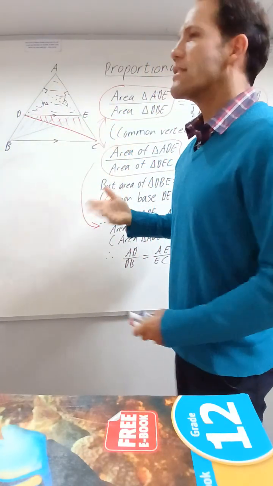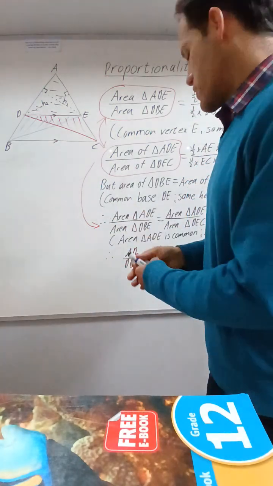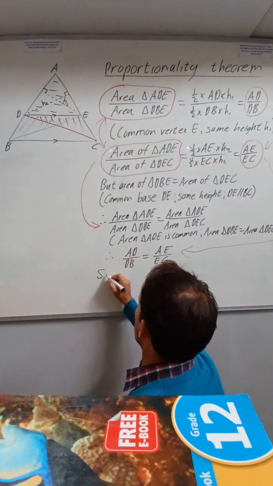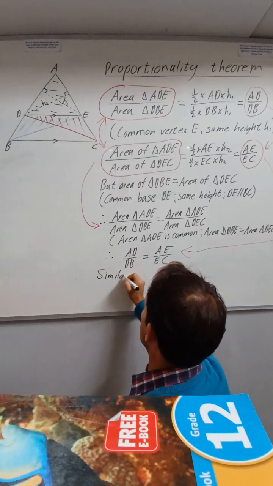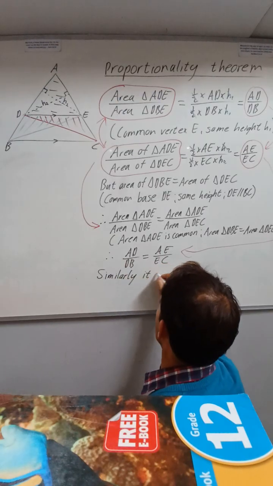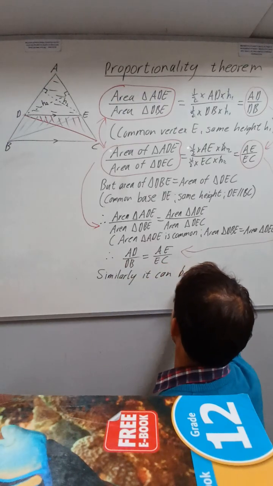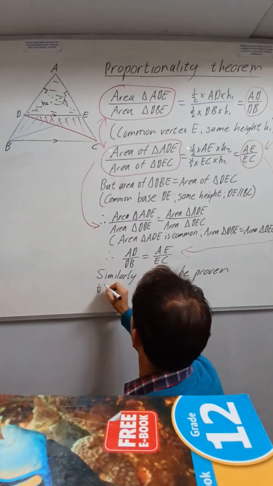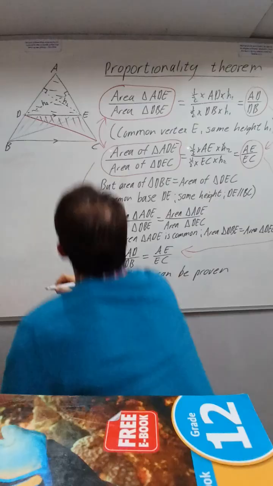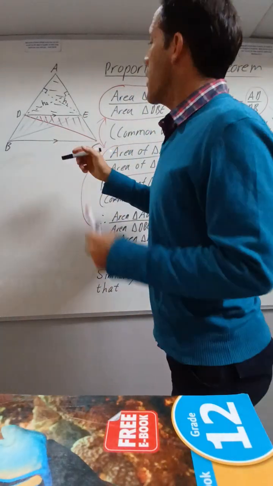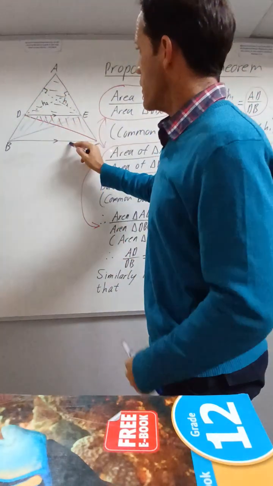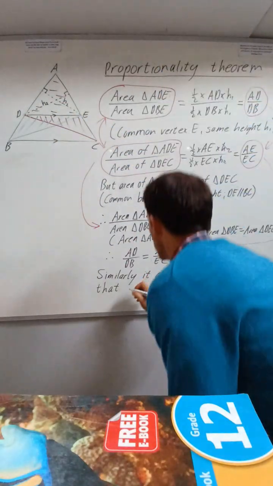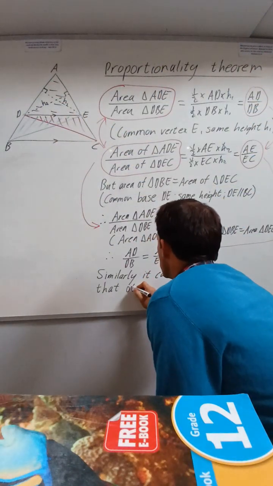So you can say, similarly, to be safe, you can say similarly it can be proven that if you draw a line here, those other sides are also in proportion.